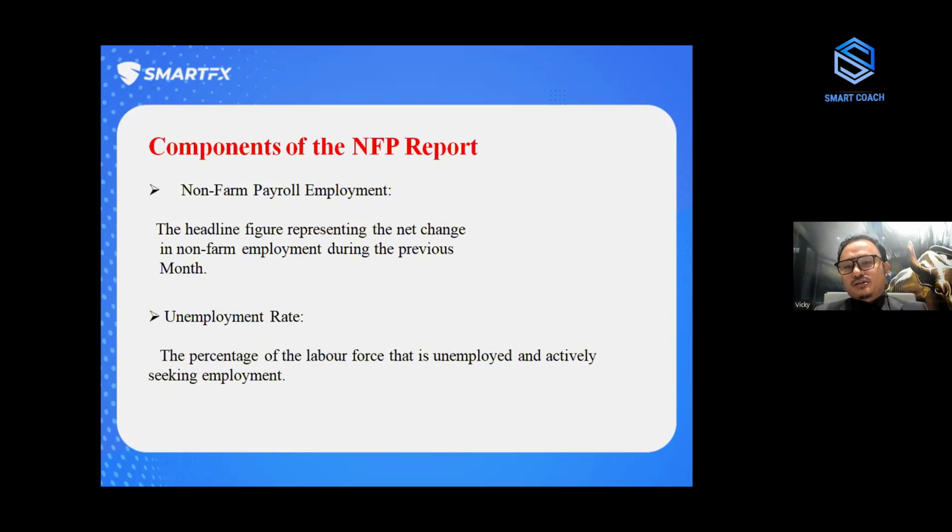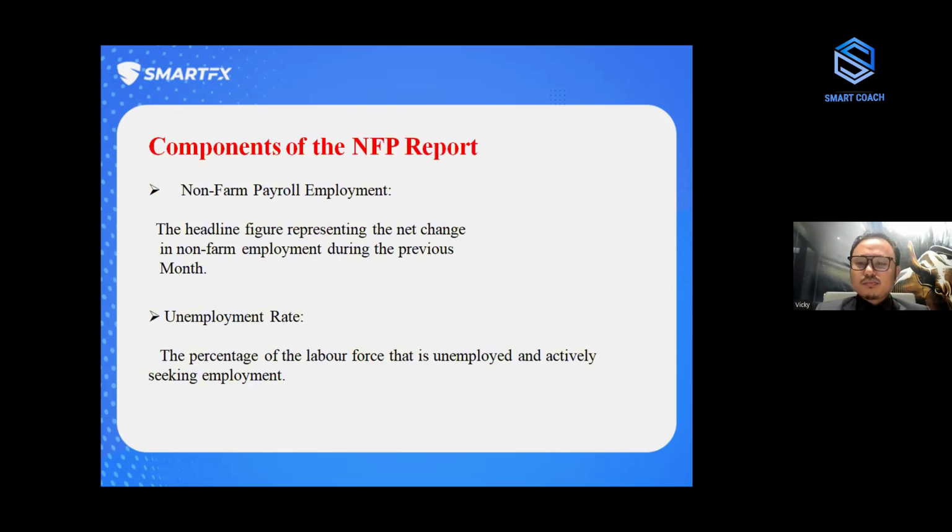Okay, so let's dive into the components of the NFP report. The first one is non-farm payroll employment. The headline figure representing the net change in non-farm employment during the previous month. Okay.